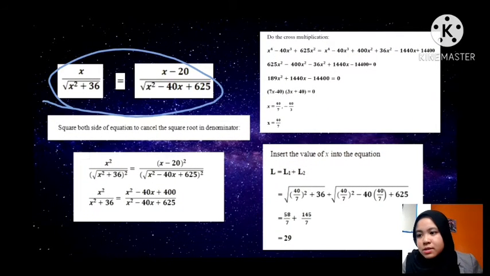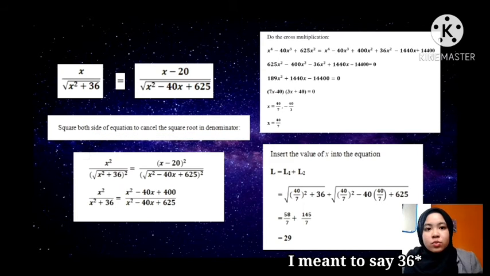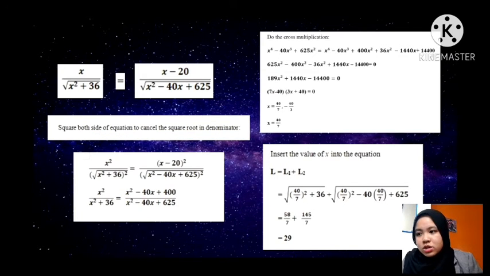From here you can see what we should do, which is cross multiplication. So x squared is multiplied by x squared minus 40x plus 625, and (x minus 20) squared is multiplied by x squared plus 36. Once you multiply everything, you will get this very long equation.